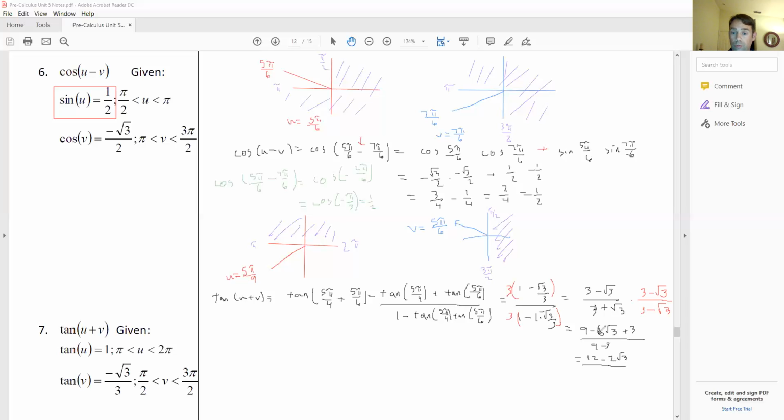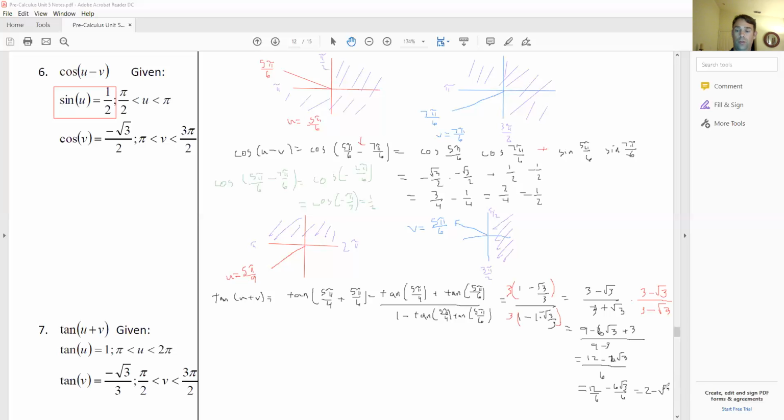Sorry about that. There we go. All over 6. So we end up with 12 over 6 minus 6 root 3 over 6, which is going to end up being 2 minus root 3.